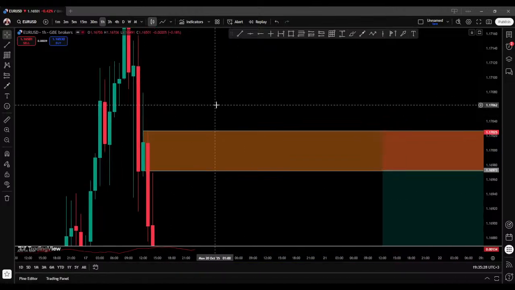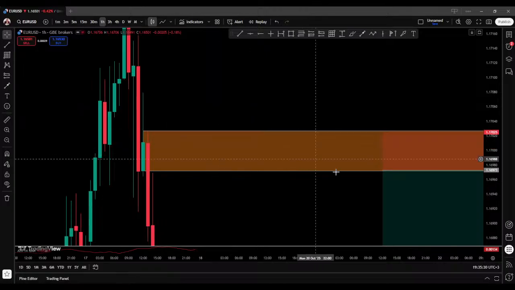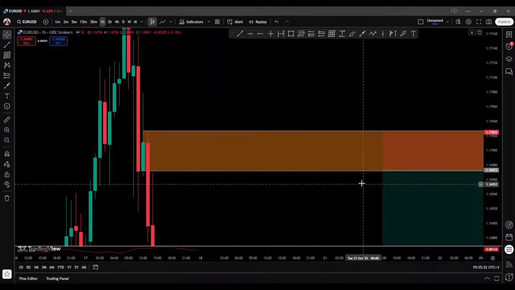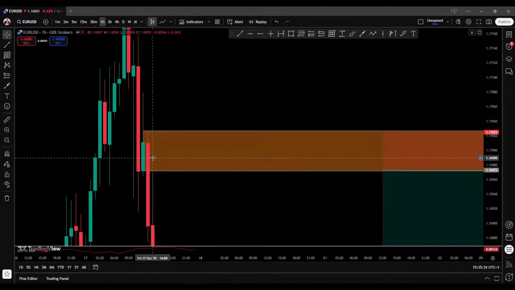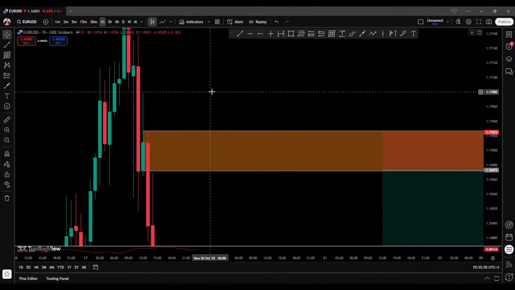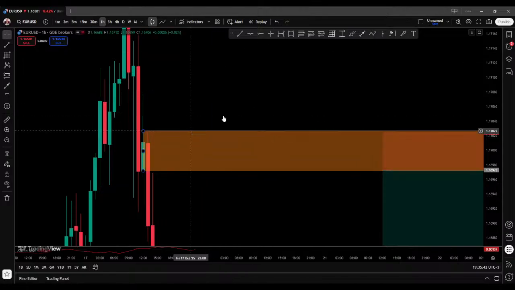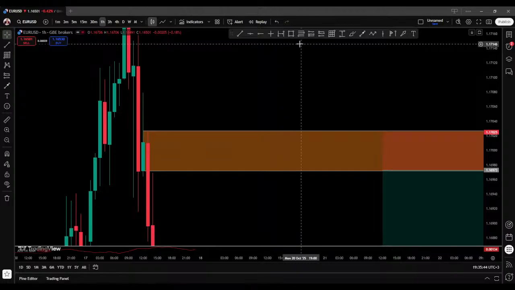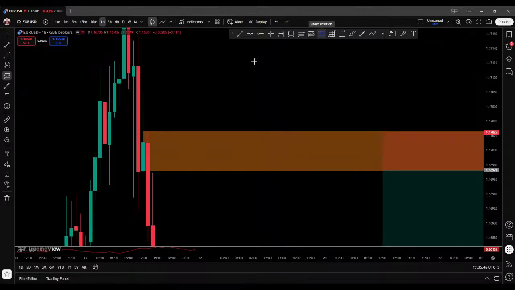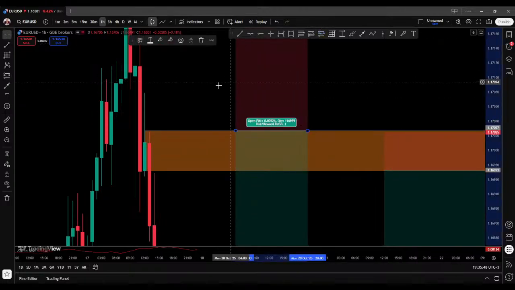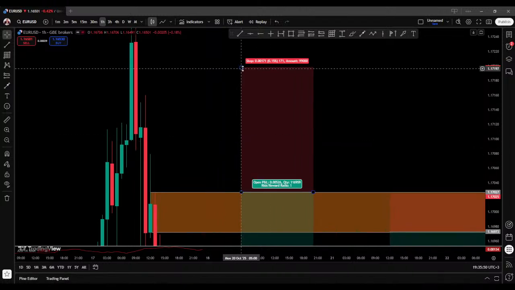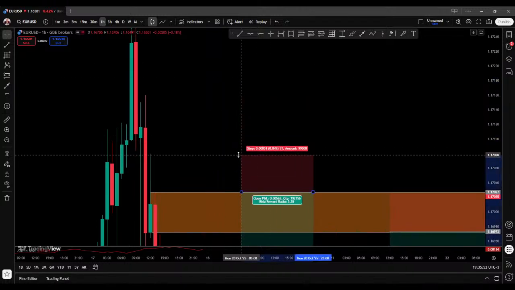So we need now to go back and look at how we refine this entry. And we already know that the second trade, we will get it from here. And then where will be our stop loss?